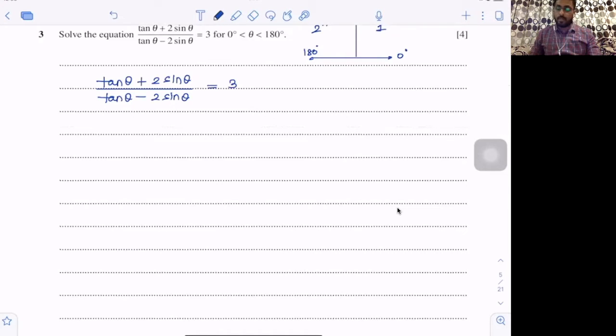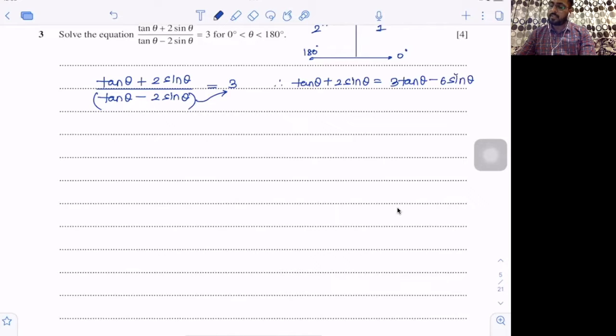I'm going to cross multiply this denominator on the other side where 3 is present, and I want to simplify the equation. So I should be getting now tan theta plus 2 sine theta is equal to 3 multiplied with what? Tan theta minus 2 sine theta. That's 3 tan theta minus 6 sine theta, right?